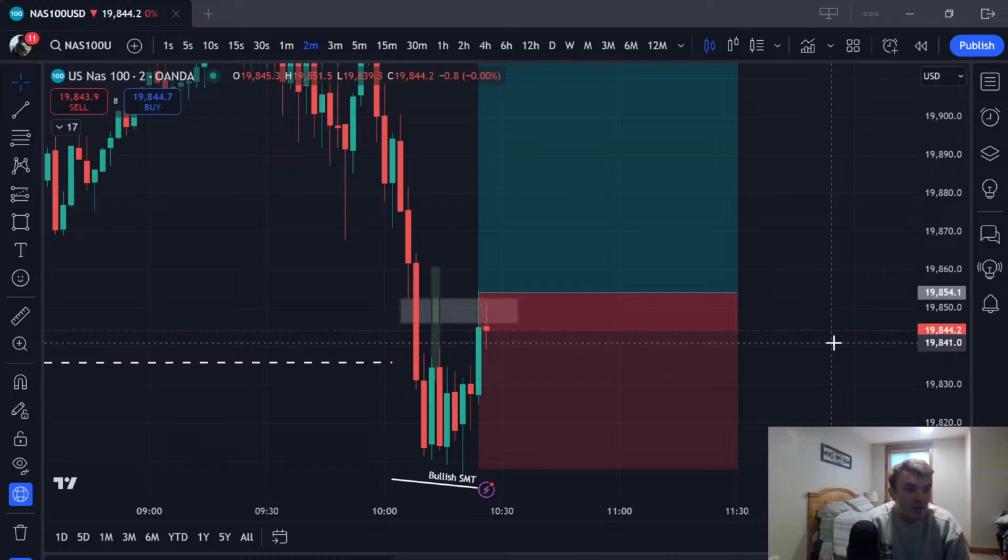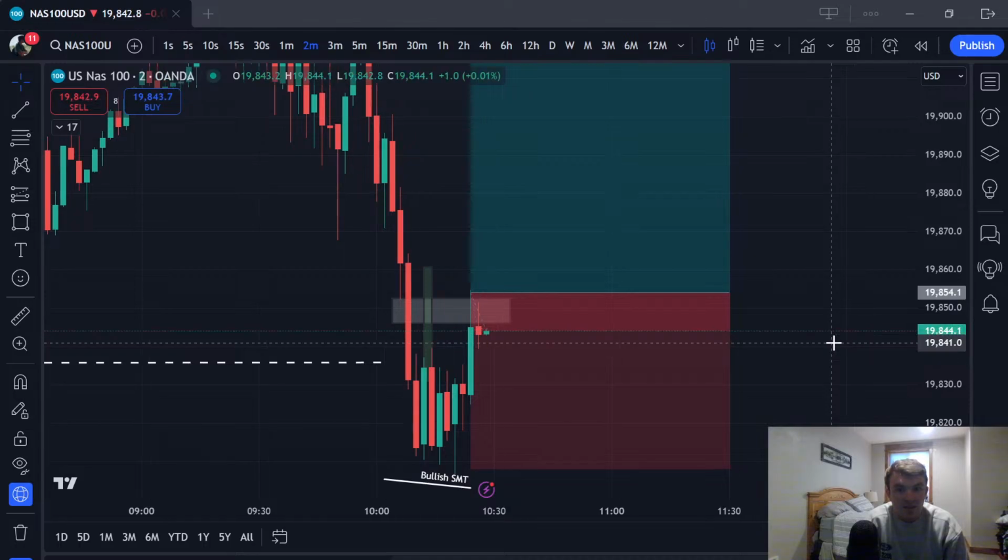Alright. This candle body close looks like we're not gonna get it yet. Maybe this next candle.